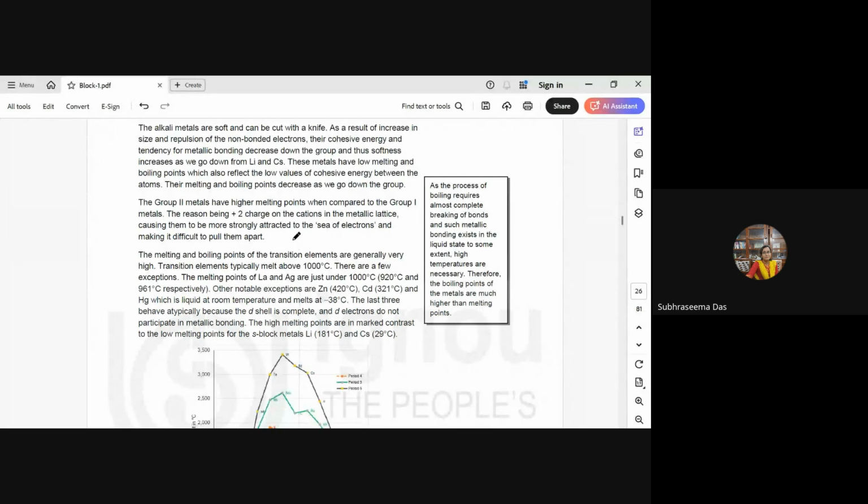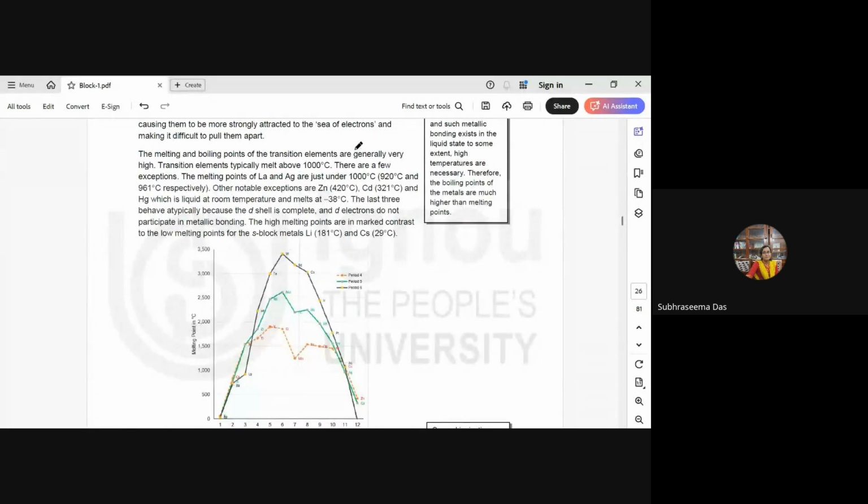The melting and boiling points of the transition elements are generally very high. The transition elements typically have a melting point of more than 1000 degrees centigrade. However, there are also a few exceptions like lanthanum and silver, which melt below 1000 degrees centigrade.